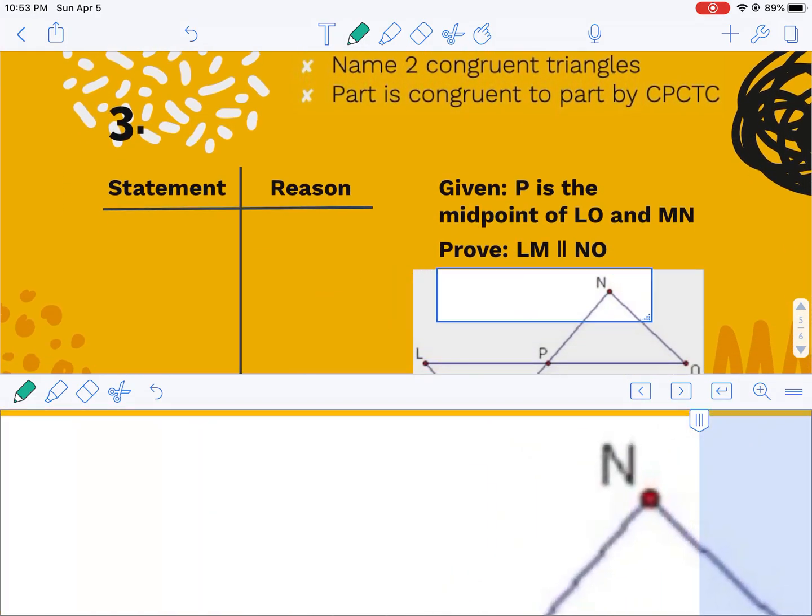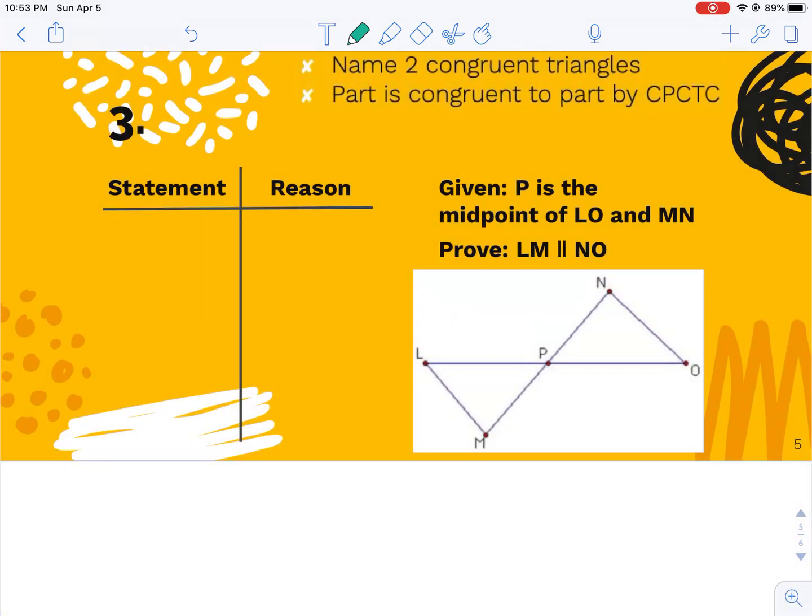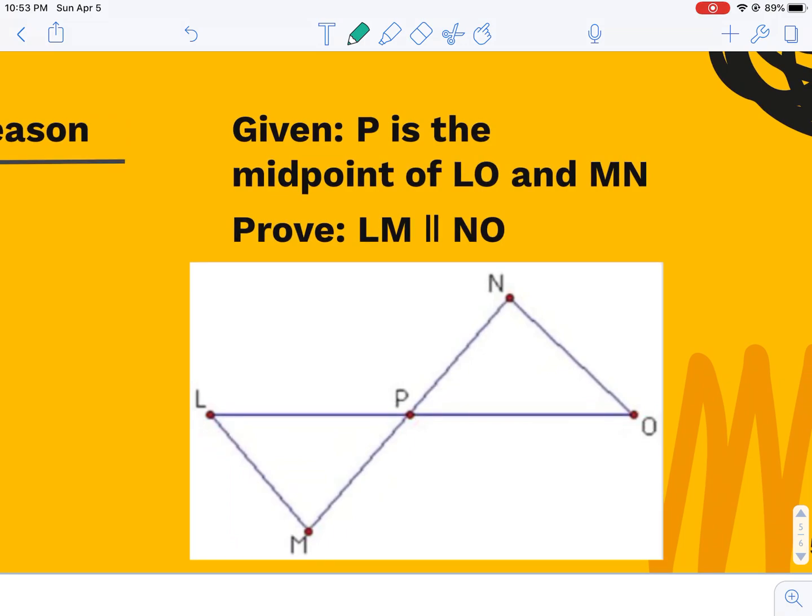All right, on this next one, we're asked to prove LM is parallel to NO. If they were parallel, then I could prove angle L congruent to angle O, because those would be alternate interior angles. So that will be what I try to prove with CPCTC. Without using those angles, I'm going to figure out what else I can use to prove the triangles congruent.